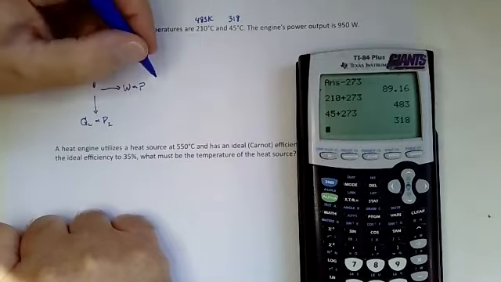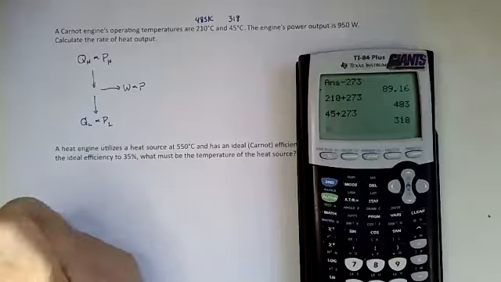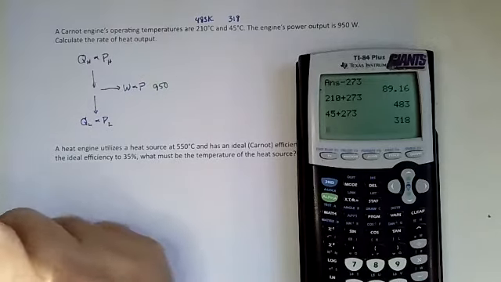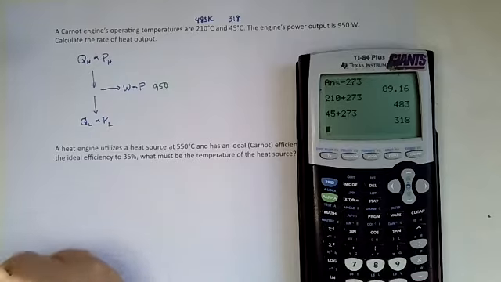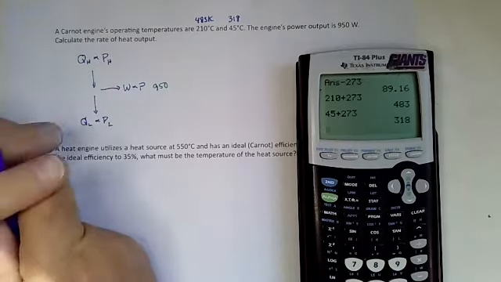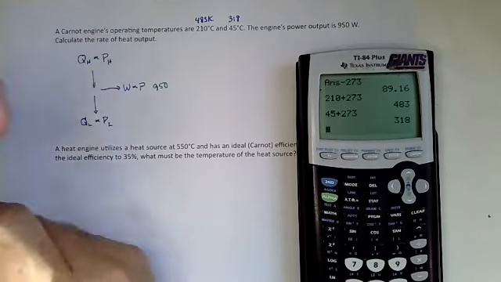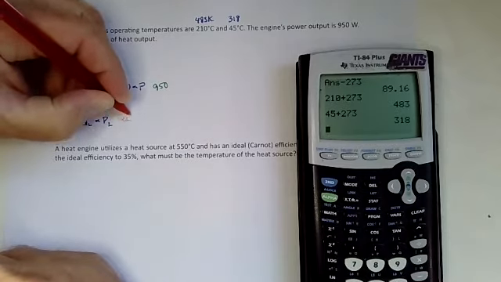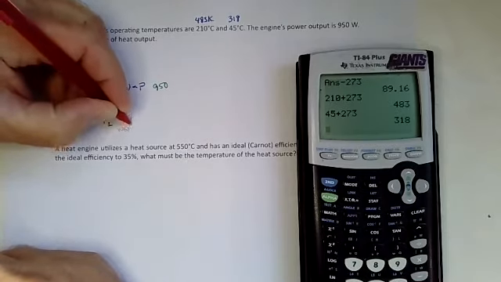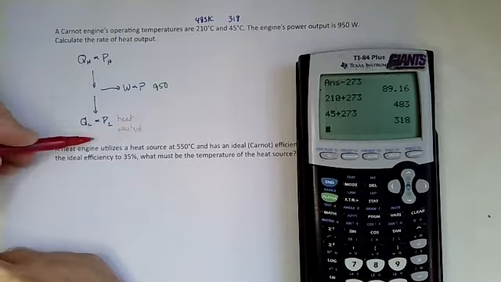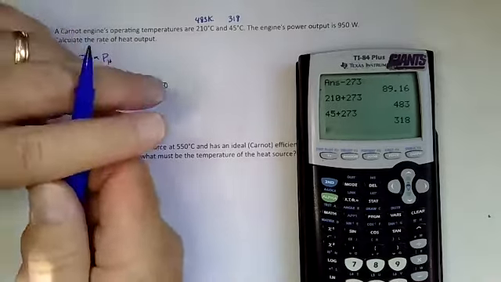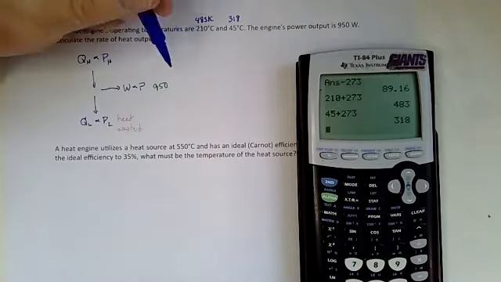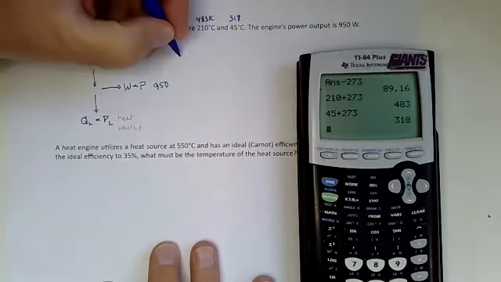Okay, so our power output is 950 watts. So calculate the rate of heat output. So this energy loss, this is heat wasted. So this is actually what we're looking for. Okay. Good. So let's start out by doing the efficiency.